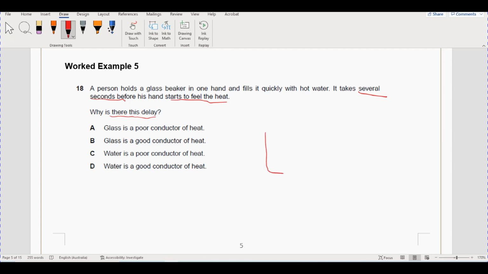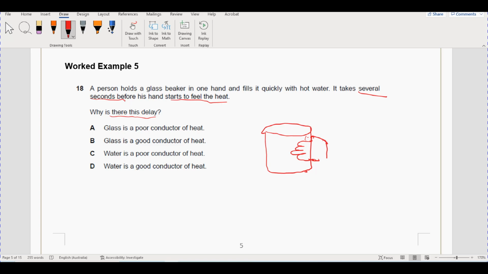Okay, so the situation is you have a beaker. So this is a beaker, and you put your hand on it. Let's try to draw a hand. Okay, it's not a good drawing. Just pretend you have a hand holding on it.